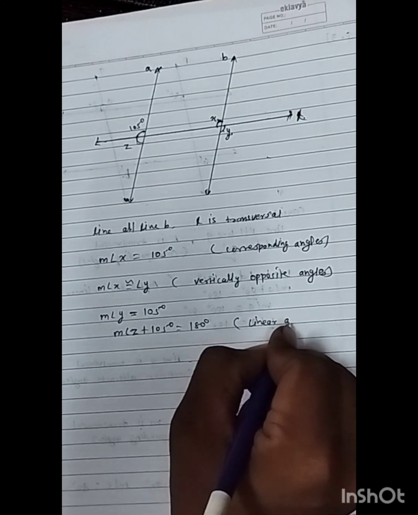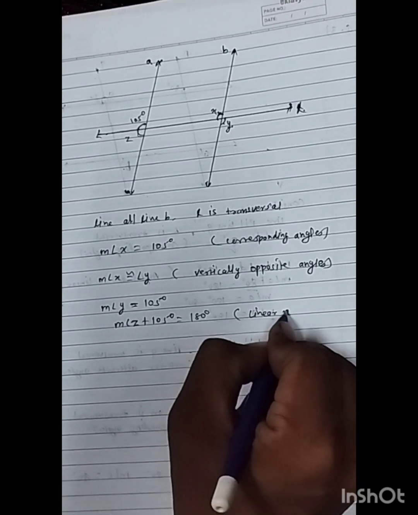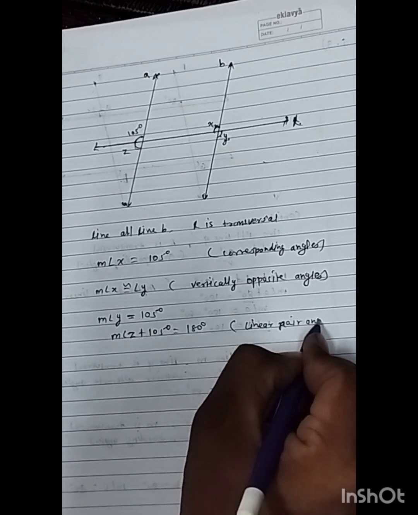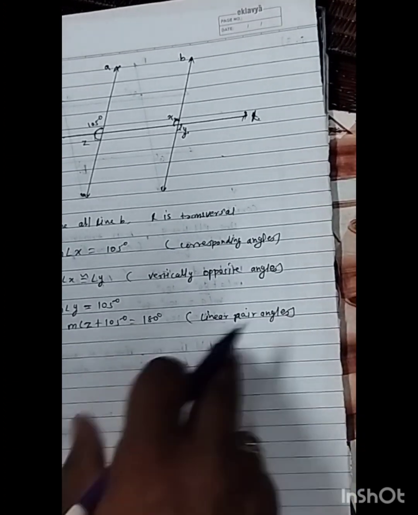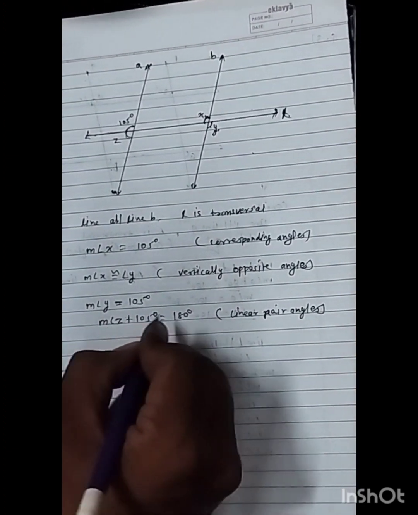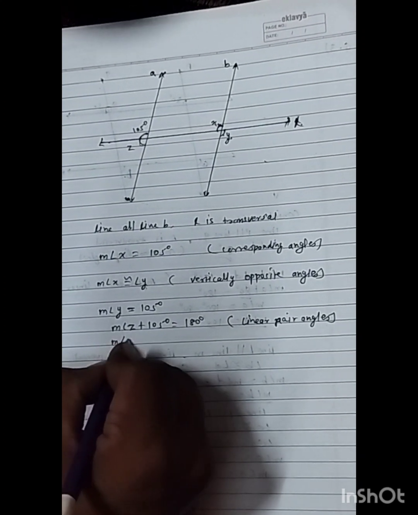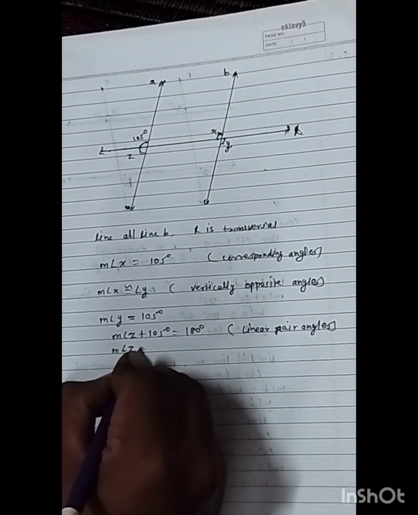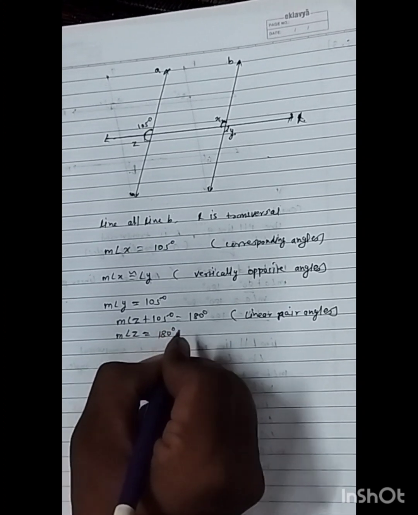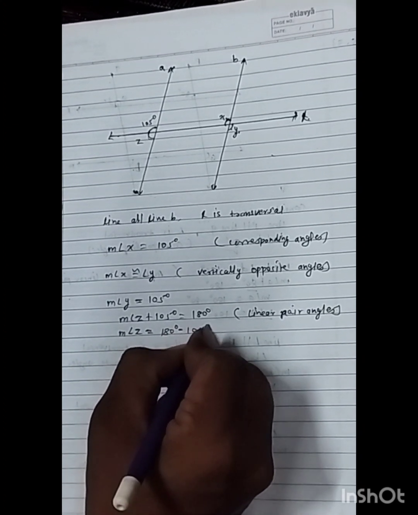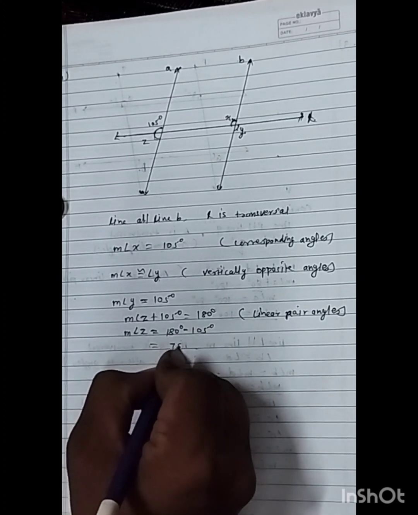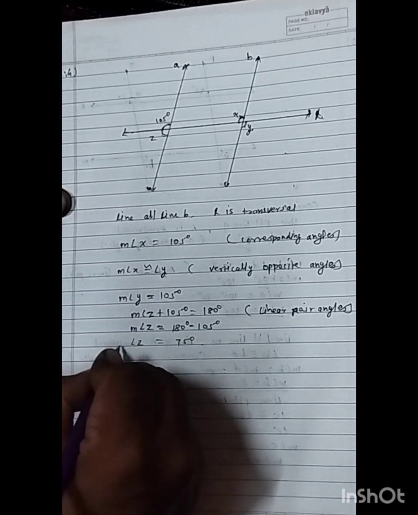Angles are in linear pair, you can write. Okay, and we know that linear pair angles are supplementary, so because of that I have written is equal to 180 degree.